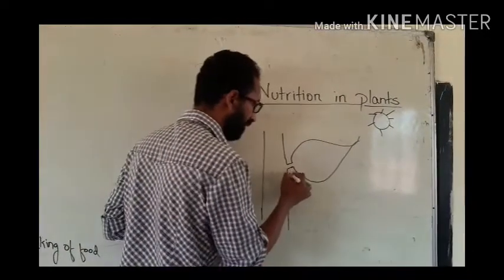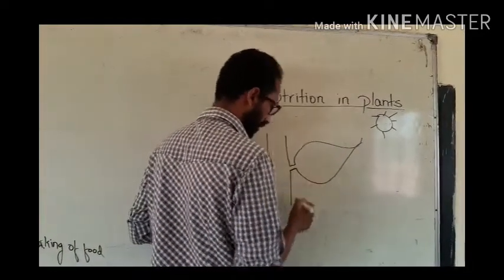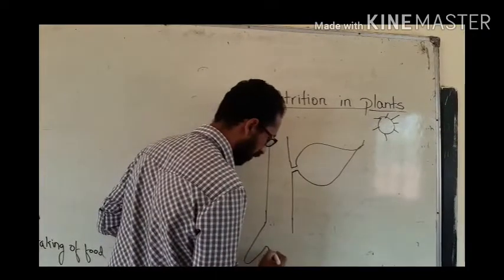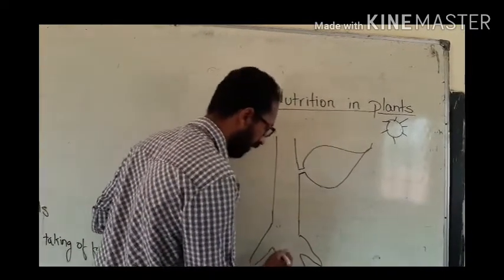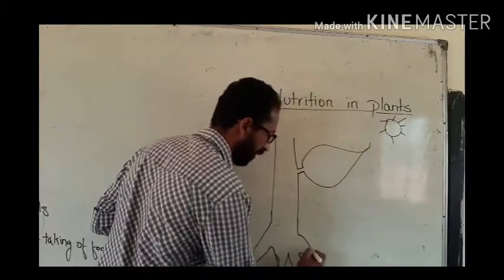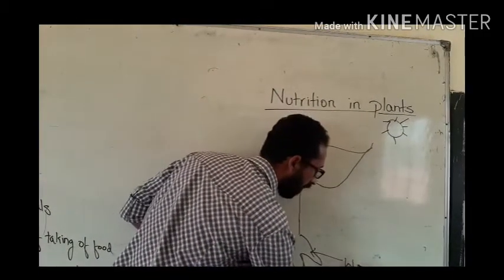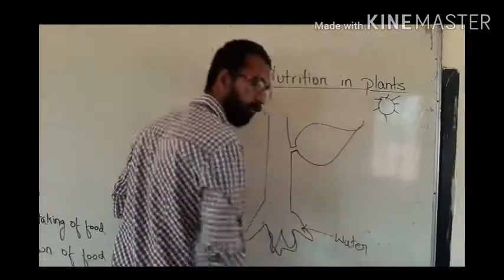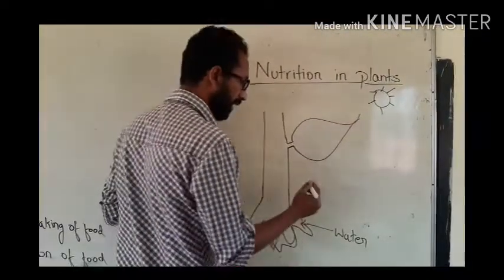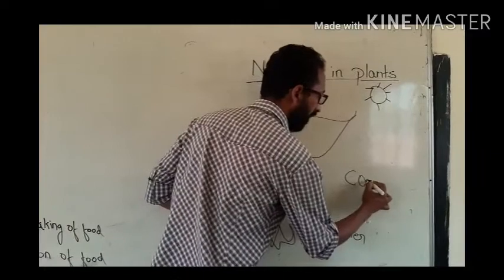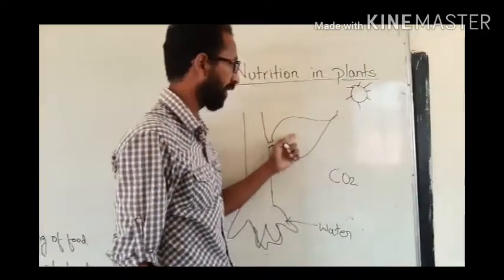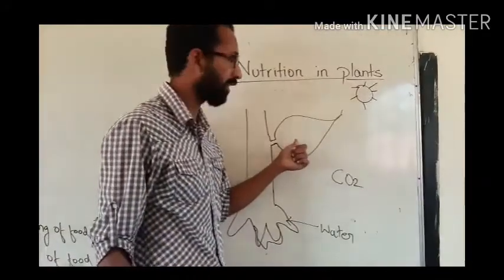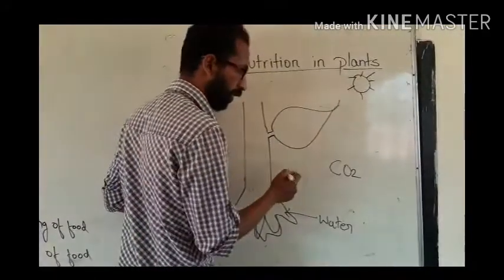The second condition is the presence of water. From the roots of the plant, it will gain water. The third condition necessary is the presence of carbon dioxide. The presence of carbon dioxide should be there so that the photosynthesis process could occur.